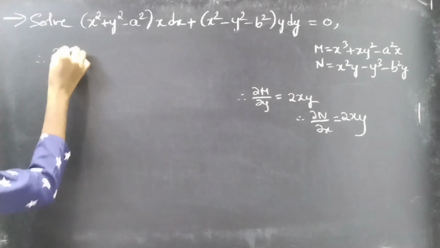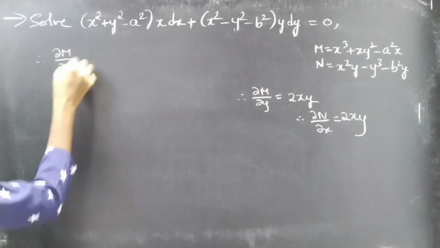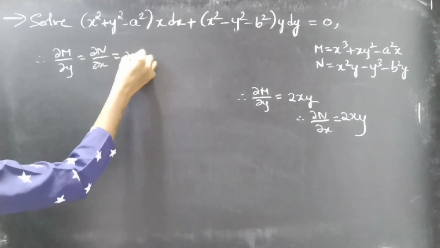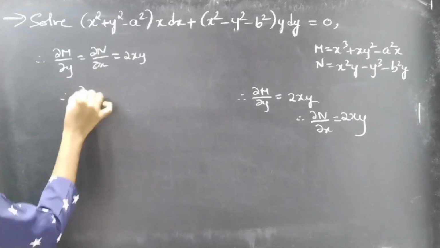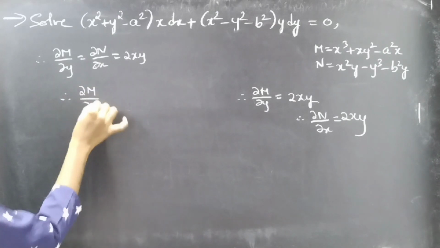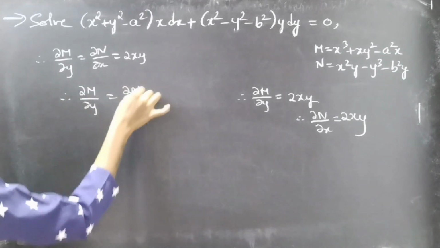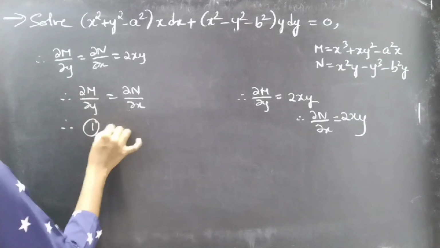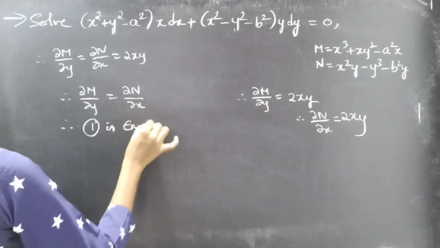Therefore, the partial derivative of M with respect to y equals the partial derivative of N with respect to x, which equals 2xy. Therefore, ∂M/∂y equals ∂N/∂x. Since ∂M/∂y equals ∂N/∂x, the given differential equation, equation 1, is exact.